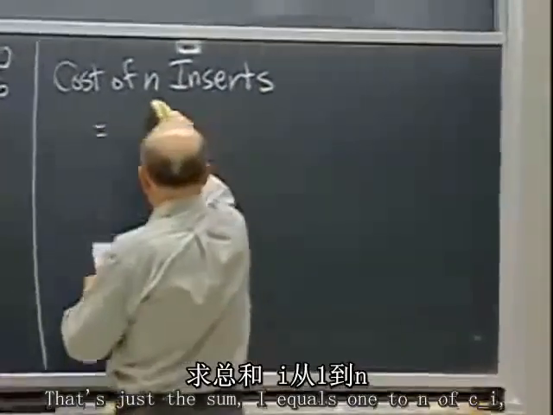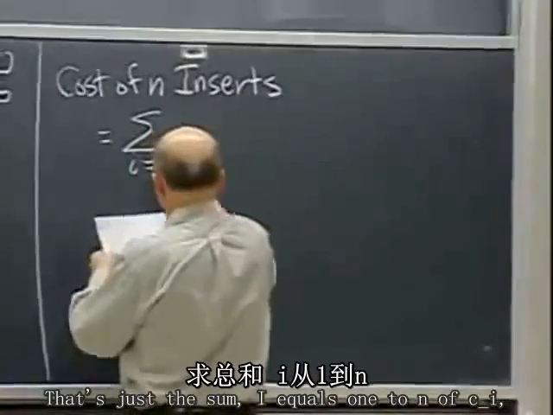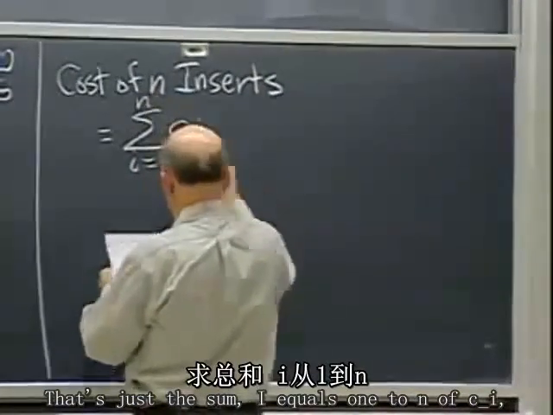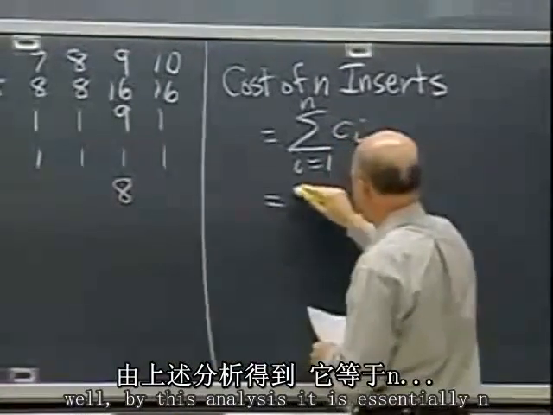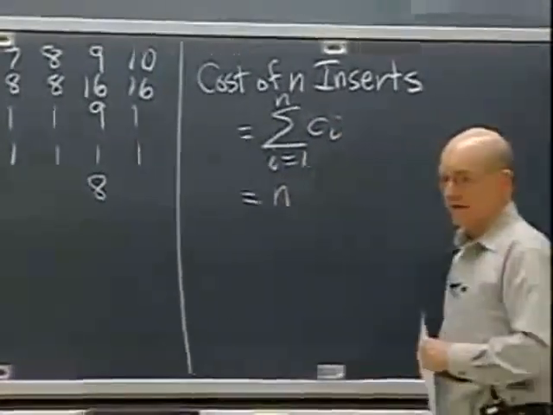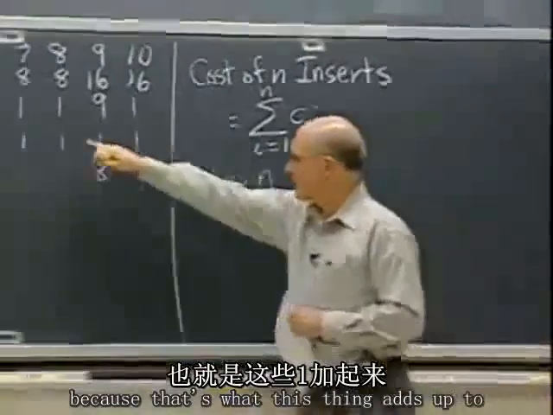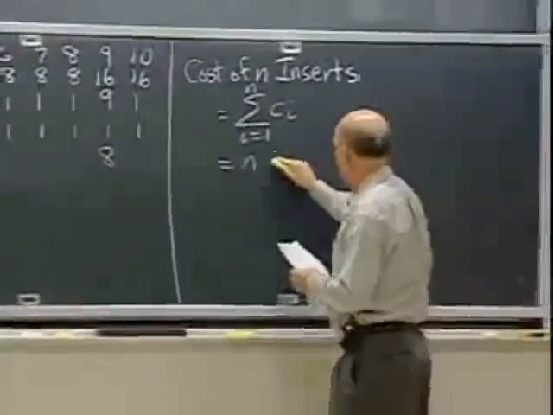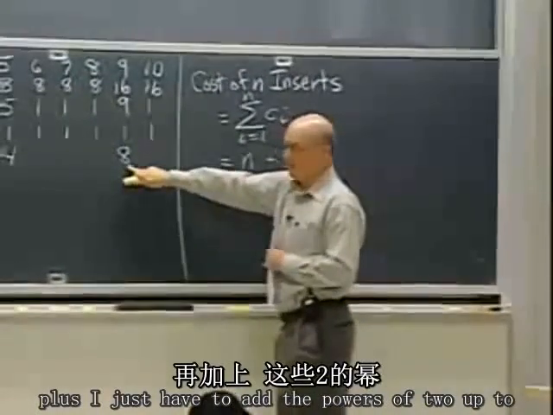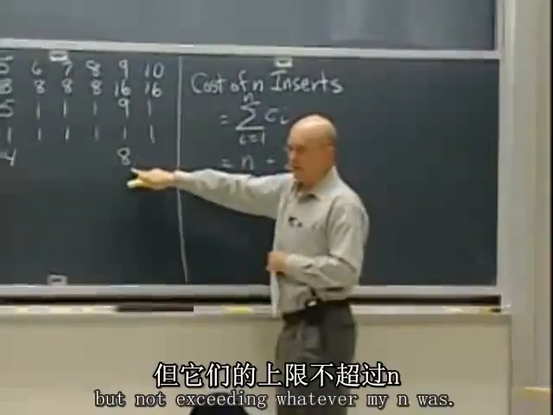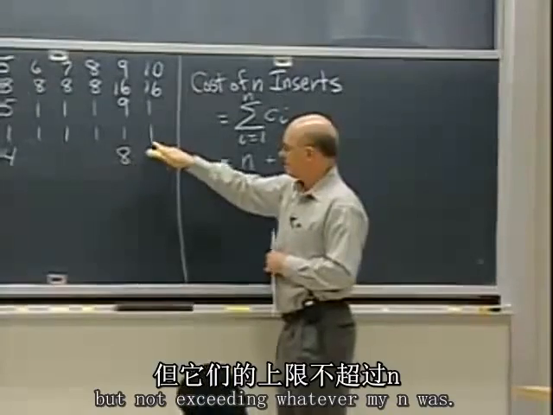That's just the sum, i equals 1 to n, of c_i, which by this analysis is essentially n, because that's what this adds up to, plus I just have to add the powers of 2 up to but not exceeding whatever my n was.